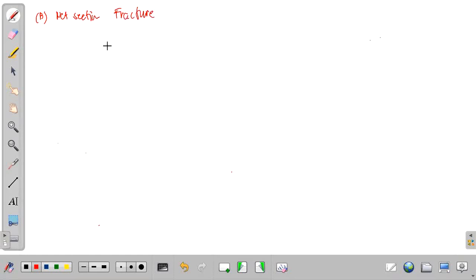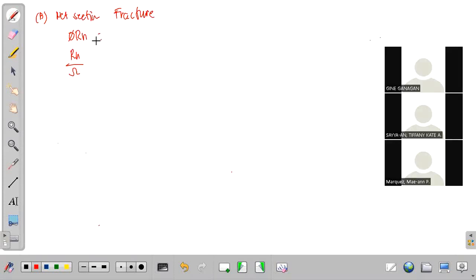So we need to solve our design tensile strength, that is phi Rn, and the allowable tensile strength, which is Rn over omega. Okay? So remember, we have different values of phi and omega for the net section and for the gross section yielding. So what would be now our value of phi here?